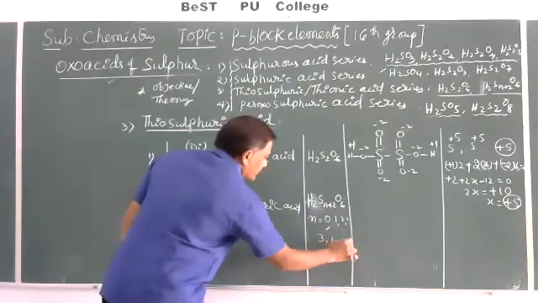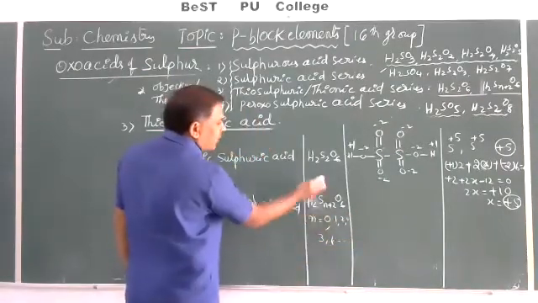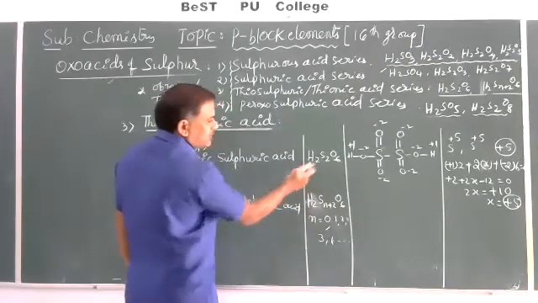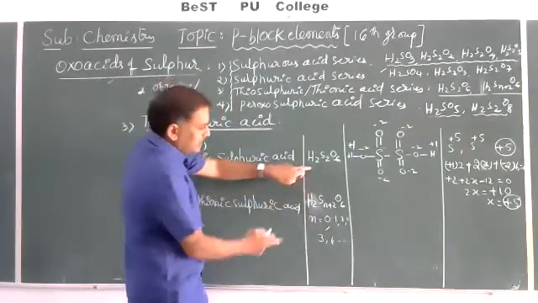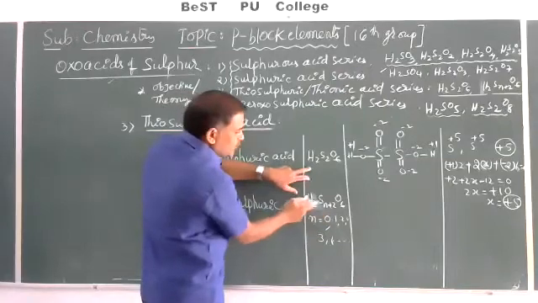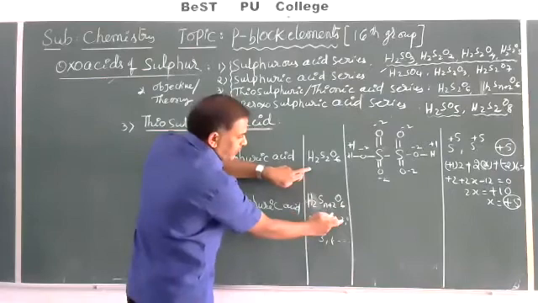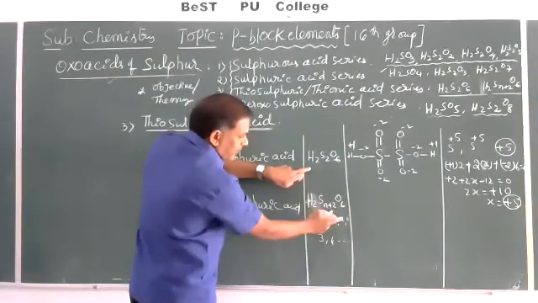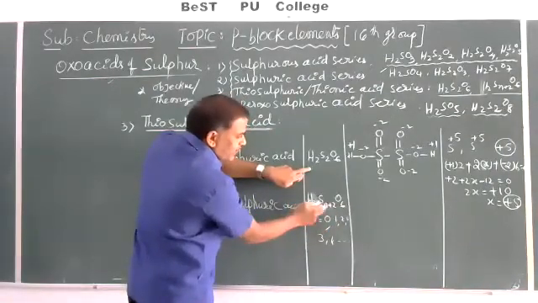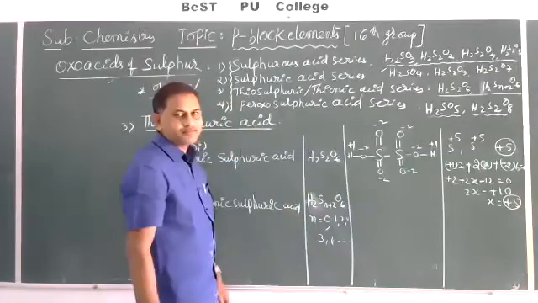If you take 0 as this, we will get H2S2O6. Then if you take 1, H2S3O6. If you take 2, H2S4O6 and so on.